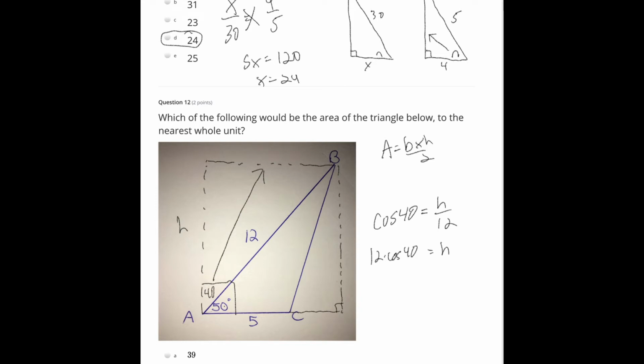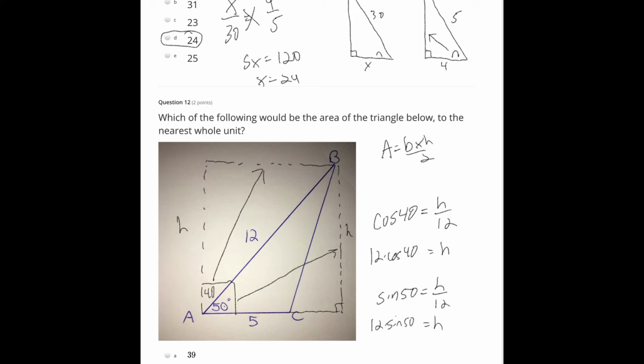So if I use this one on the right for my height, we're going to use this 50-degree angle for theta. And so we'd say sine 50 equals my height over 12. My height would also be 12 times sine 50.